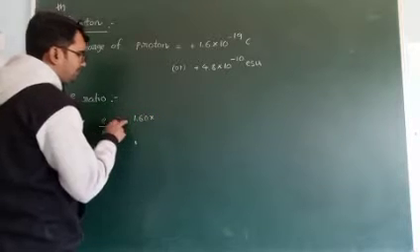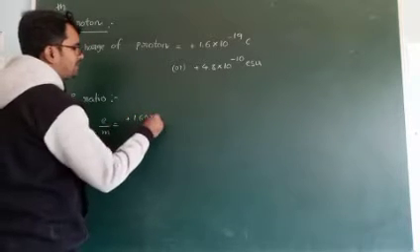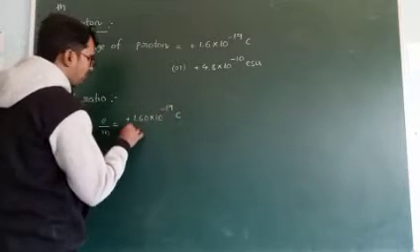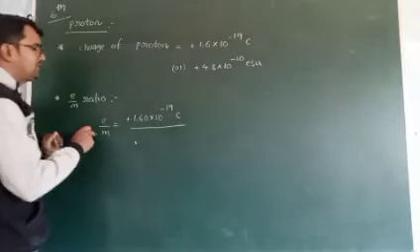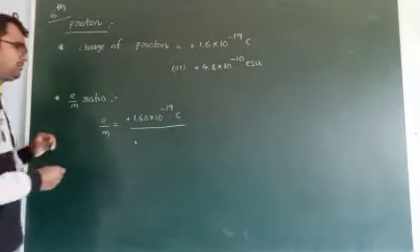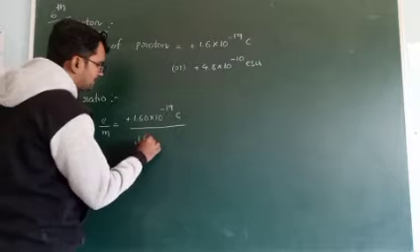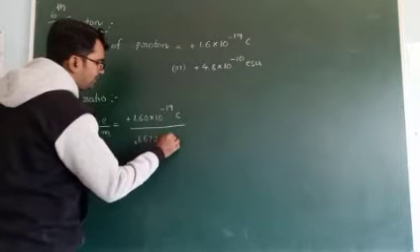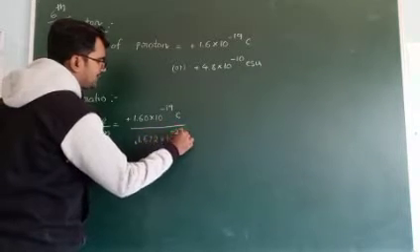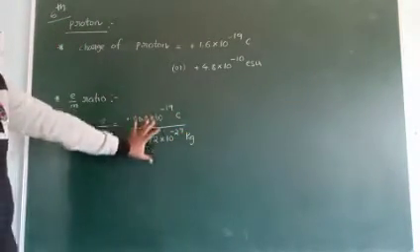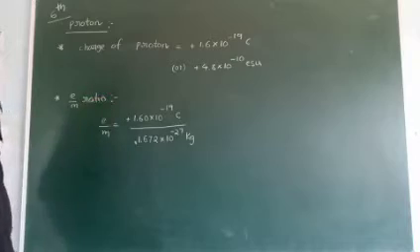Plus 1.60 into 10 to the power of minus 19 coulombs, divided by the mass value of proton. Mass value of proton is 1.672 into 10 to the power of minus 27 kg. Now calculate the value by using these two values.